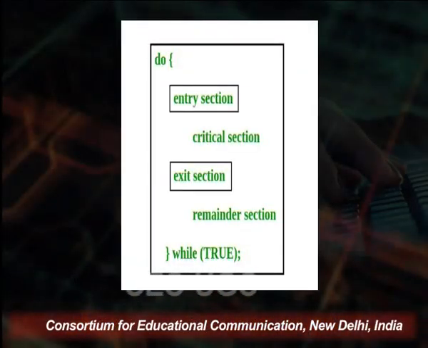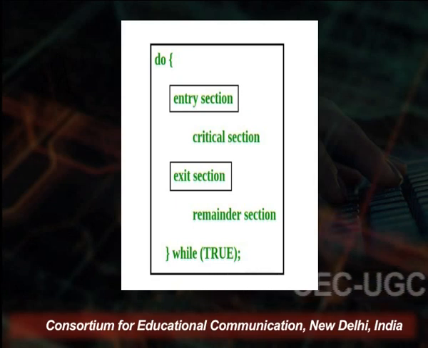Again, welcome back to process synchronization, the second lecture on this topic. Till this point we have seen four sections of a program: the entry section, critical section, exit section and the remainder section, as shown on the screen. The entry section, as the name indicates, is where a process tries to take entry inside the critical section.